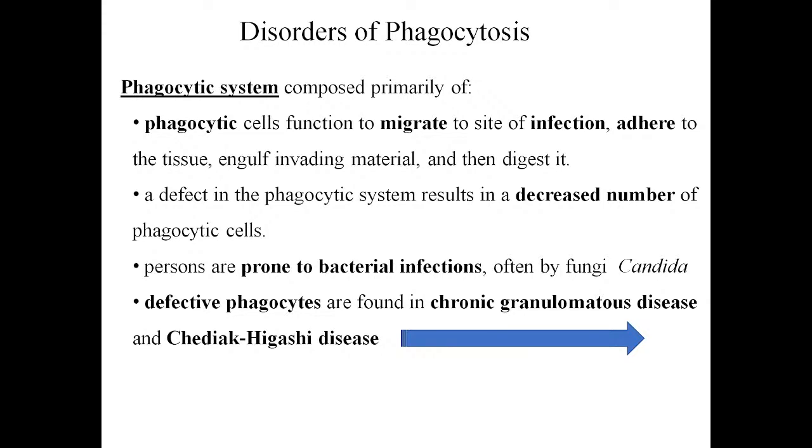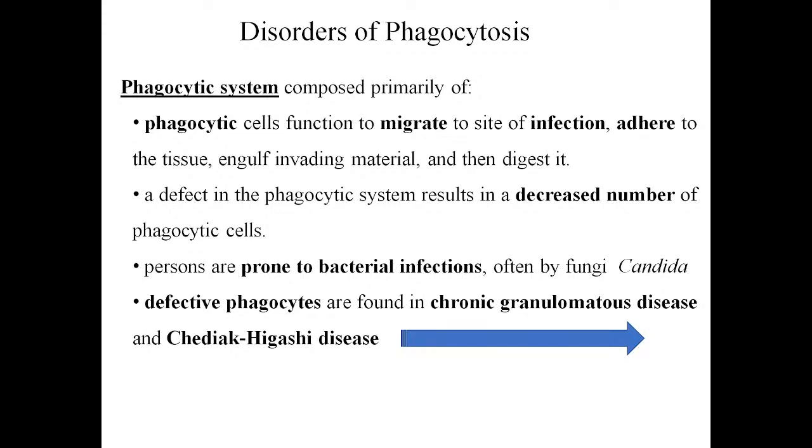A defect in the phagocytic system results in a decreased number of phagocytic cells. The amount of phagocytes is decreased. Such patients are prone to bacterial infections and often to infections caused by fungi such as Candida.